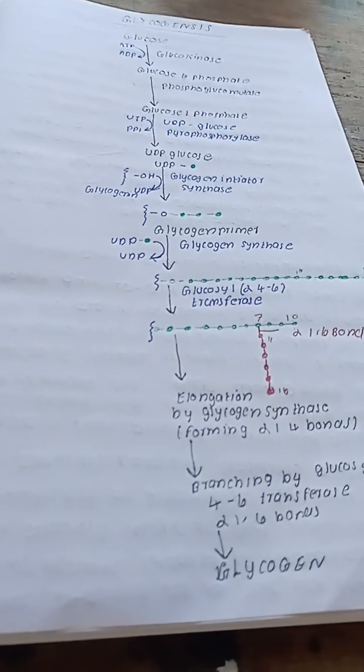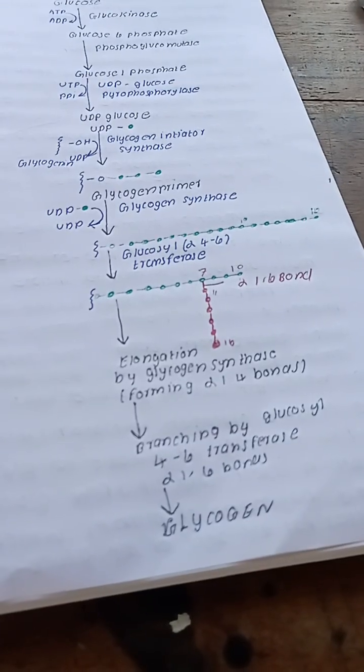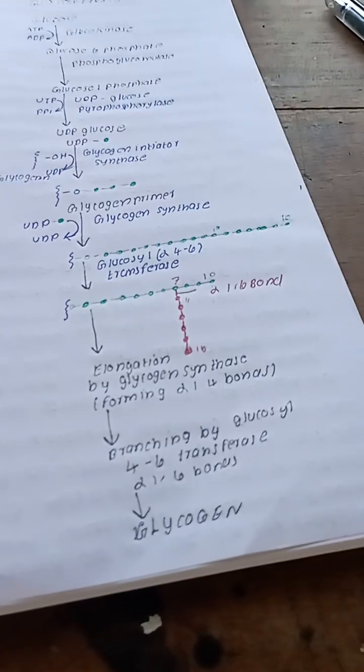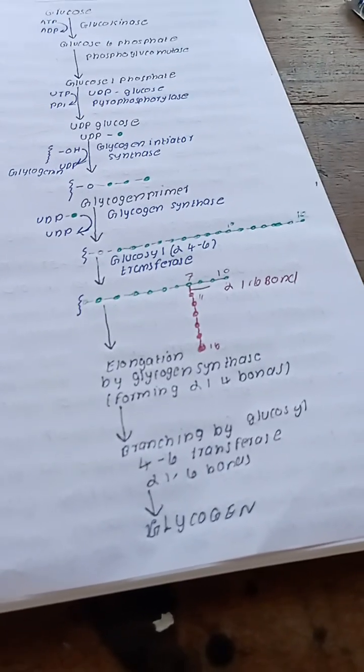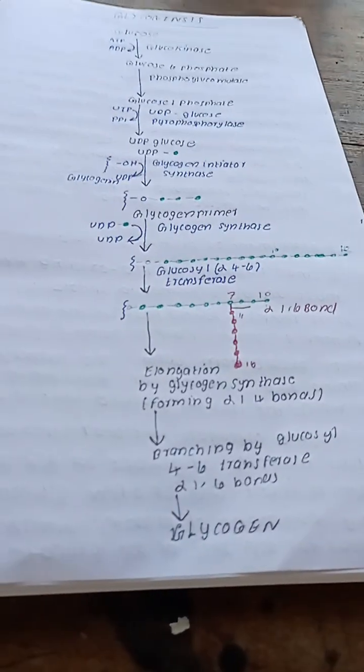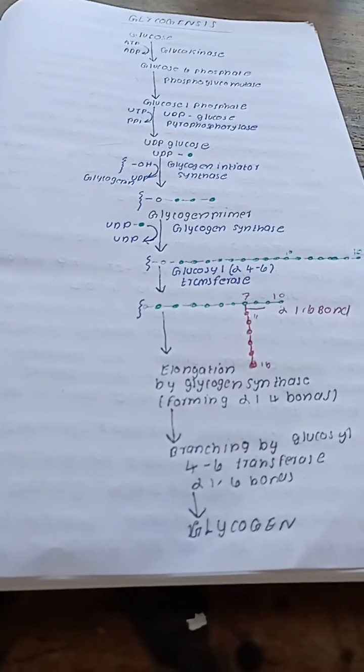Third is branching. Glycogen synthase is responsible for synthesis of linear, unbranched glycogen chains. But normally glycogen is a branched, tree-like structure, and the glycosyl 4,6 transferase is responsible for this branching.